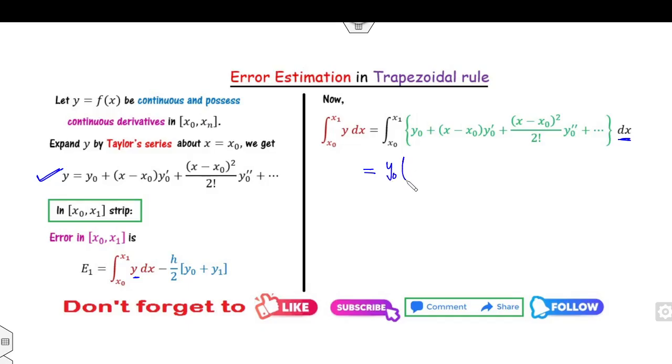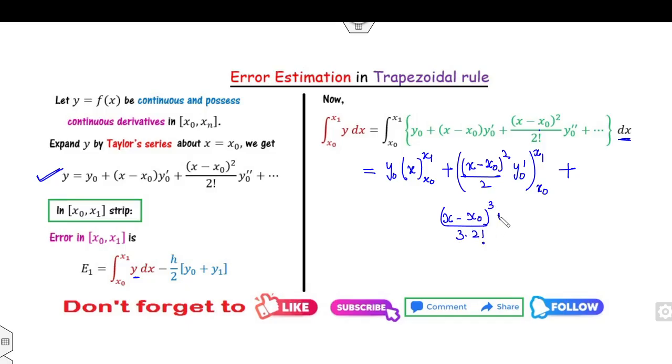So this is y0 from x0 to x1, plus the integration of this, (x minus x0) square divided by 2 into y0 dash from x0 to x1, plus (x minus x0) power 3 divided by 3 into y0 double dash from x0 to x1 and so on.